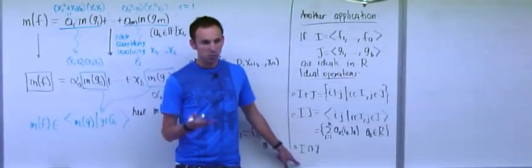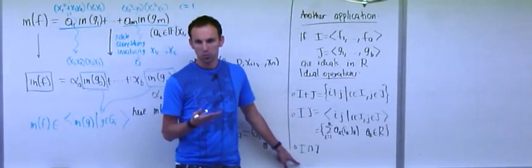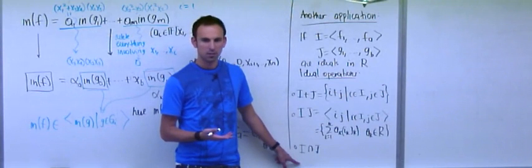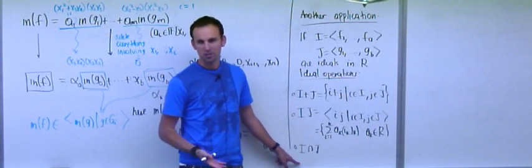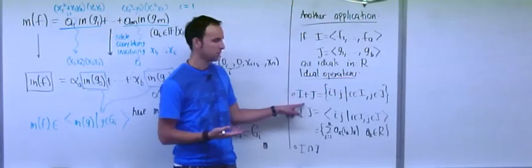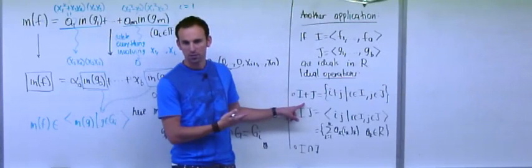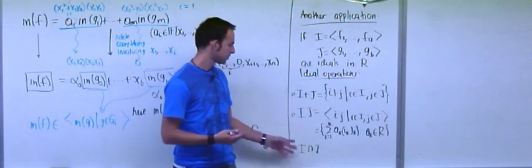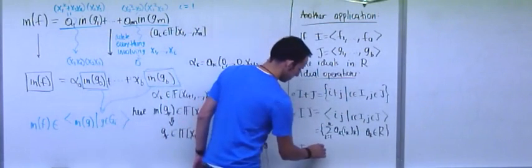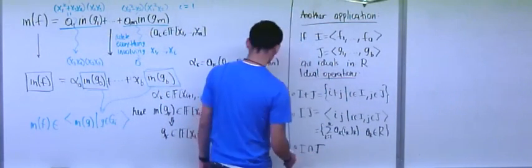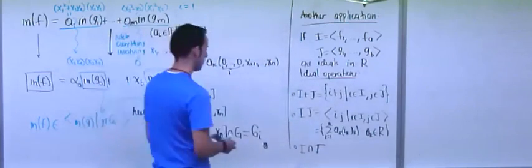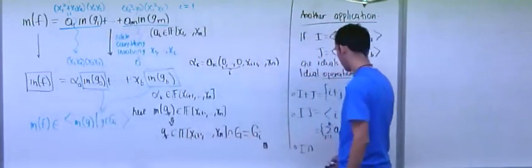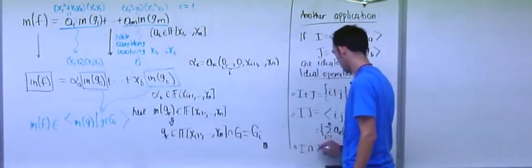But if you take the union, you don't necessarily get an ideal. And it turns out that the smallest ideal containing the union is this guy. So you can kind of think of the sum as the union. But these are kind of generalities about ideals.